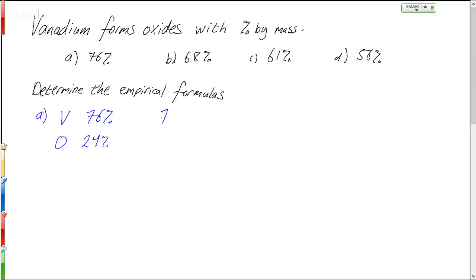If we have 100 grams total of the compound, we can say 76 grams of vanadium, 24 grams of oxygen. And we can convert those to moles. Vanadium is 50.9 grams per mole. Oxygen is 16 grams per mole.